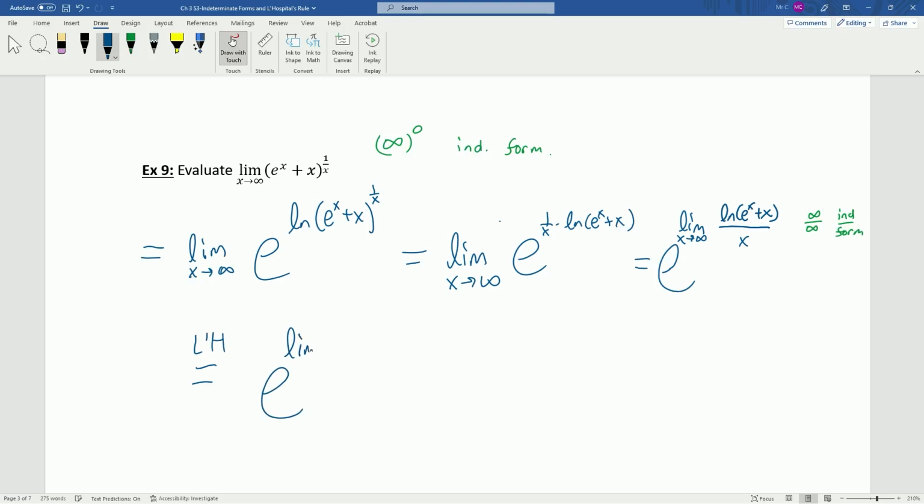And I get e to the limit as x goes to infinity of, in the denominator I just get 1, and in the numerator I get 1 over e to the x plus x times, so this is the chain rule, times the derivative of my inner function, which is e to the x plus 1. And so when I rewrite this a little bit, I get e to the limit as x goes to infinity of e to the x plus 1 over e to the x plus x.